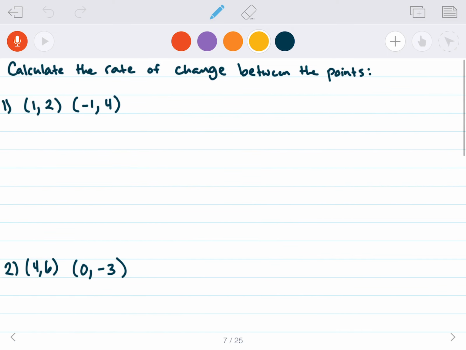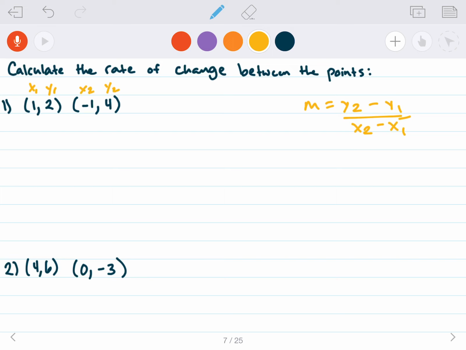Well, we had this formula. We had that the slope equals the y value of one point minus the y value of another point over the x value of the first point minus the x value of the other, or y2 minus y1 over x2 minus x1. So we can call this one x1, y1, x2, y2 could be the second point.